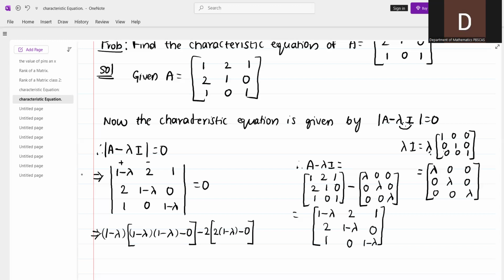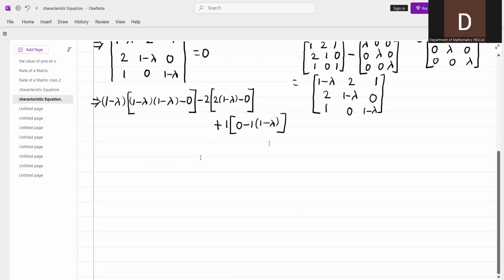Okay, and the next plus 1 into the corresponding column and row, 2 into 0, 0 minus 1 into 1 minus lambda. So to know the determinant, do the calculation.